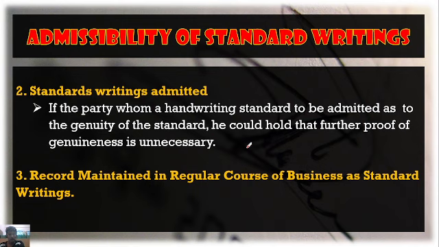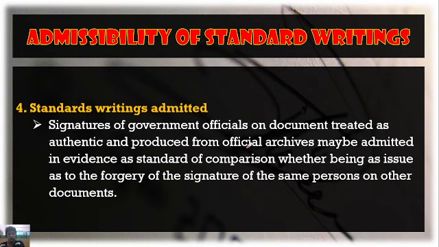You can get standards through different institutions that your subject is affiliated with. But make sure that he is really affiliated with those organizations or institutions. Baka yung makuha ninyo, that is just fake also. Right? And standard writings admitted.